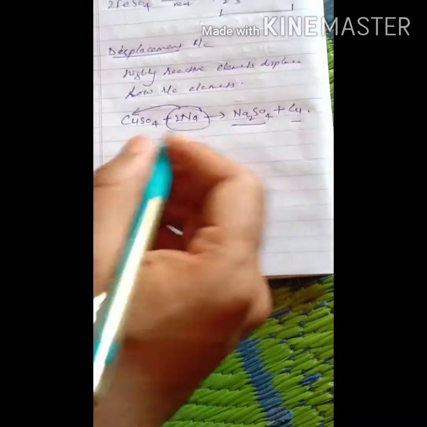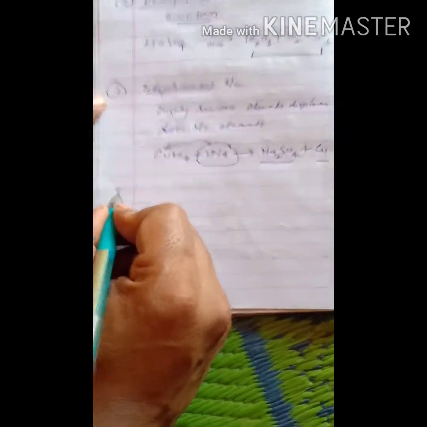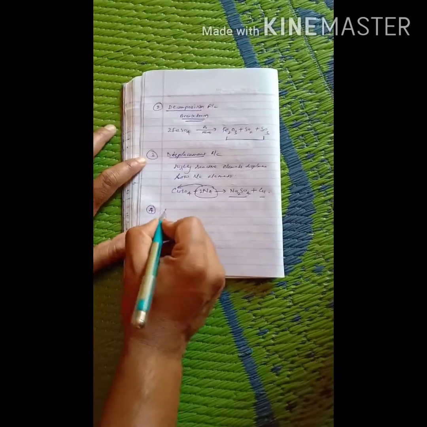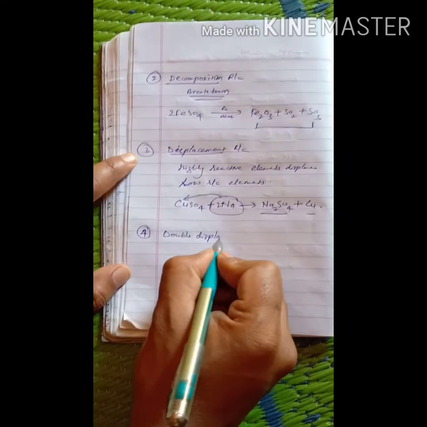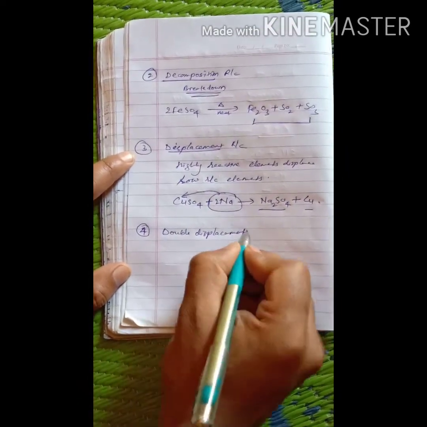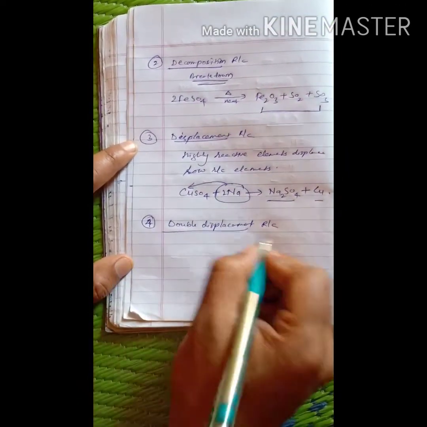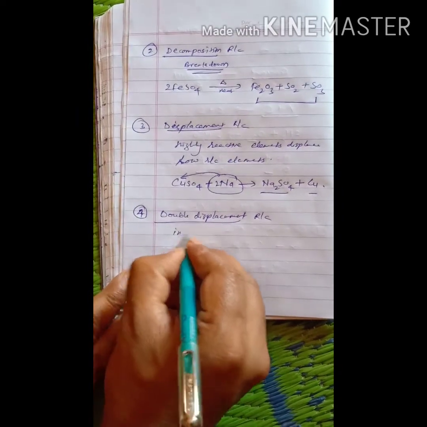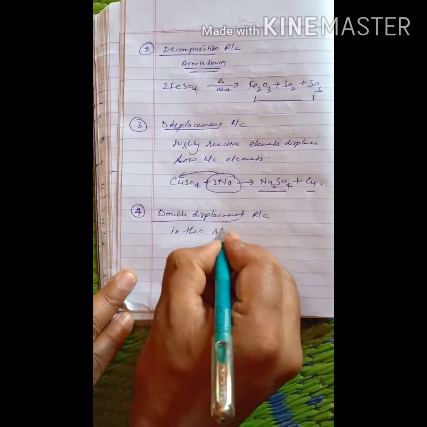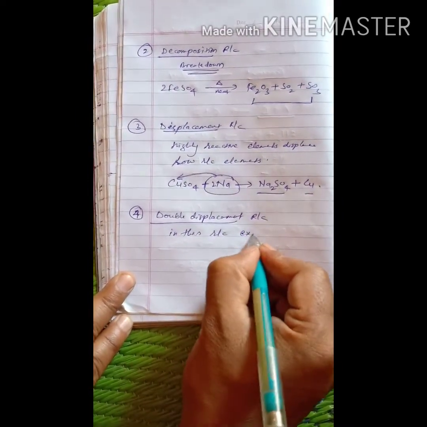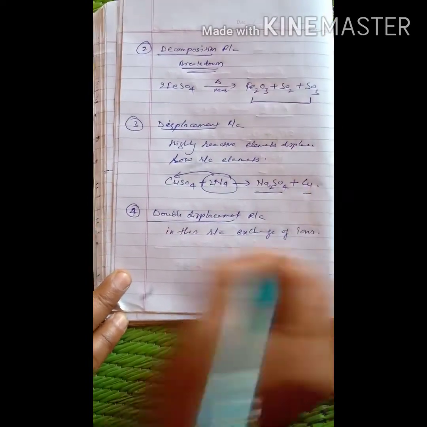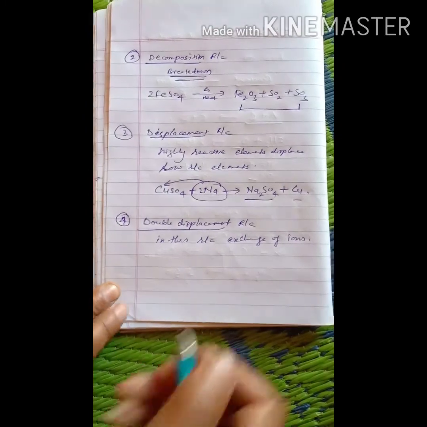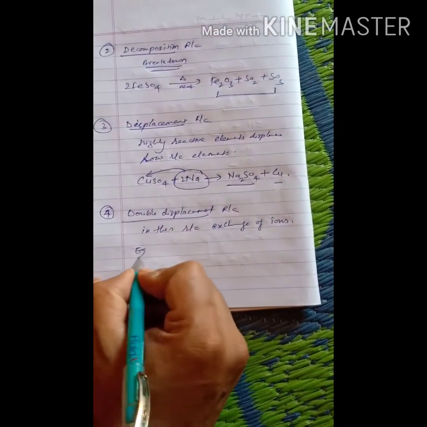This is displacement reaction. Now next, double displacement reaction. In this reaction, there is exchange of ions. Exchange of ions means, now you see the example.